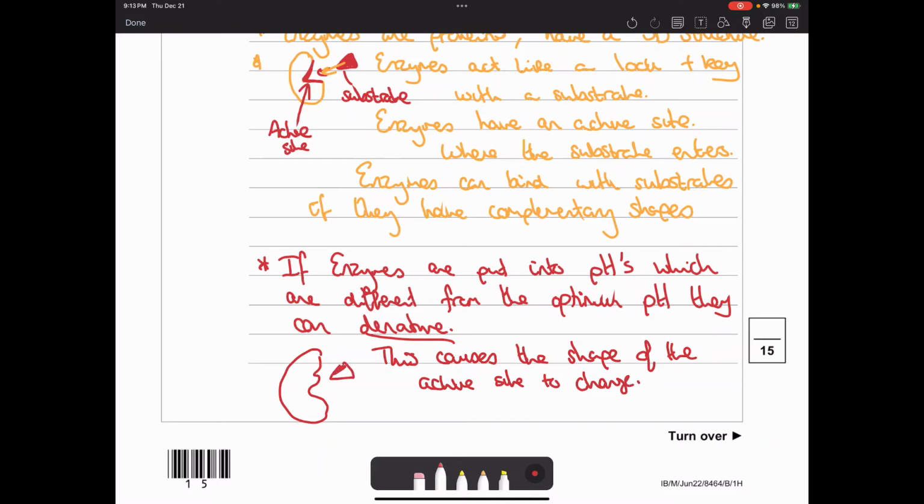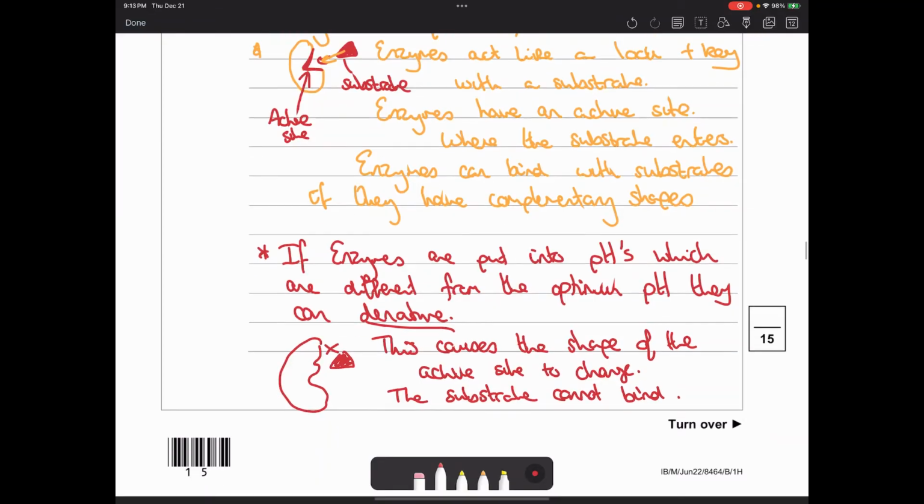Because it's now changed, our substrate cannot fit inside. The substrate cannot bind or fit inside. They no longer have complementary shapes.